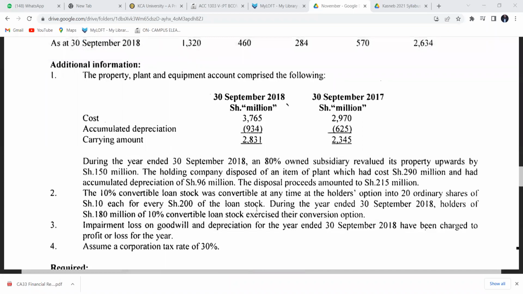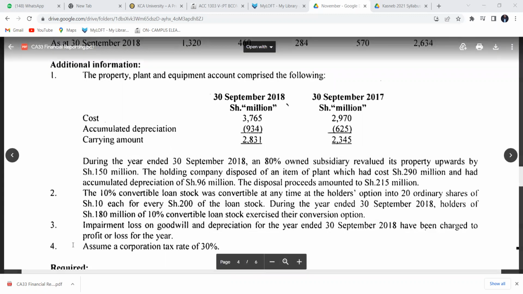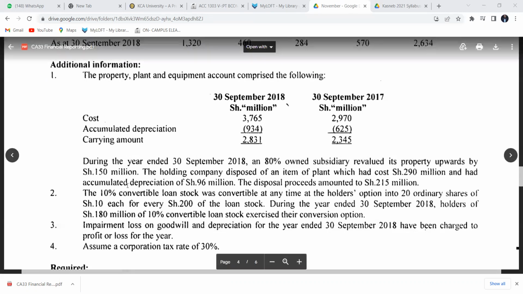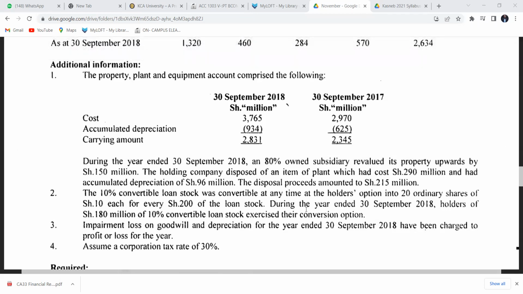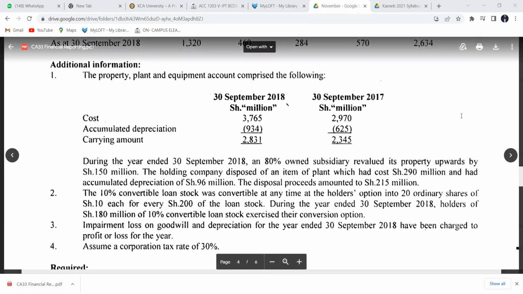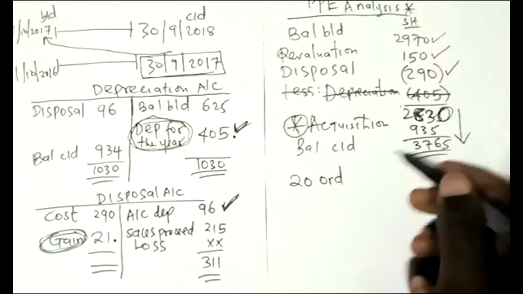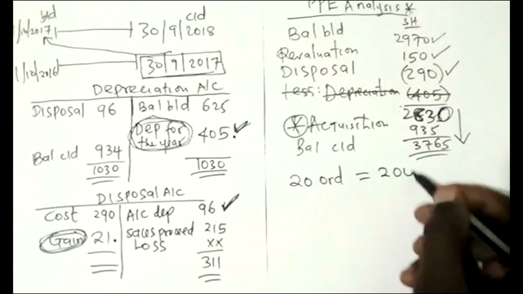So this means that there was a loan stock which is going to be converted into ordinary shares, in this proportion: 20 ordinary shares for every 200 of the loan stock.